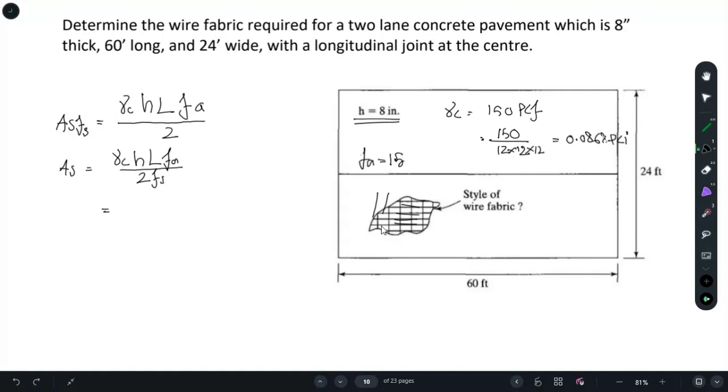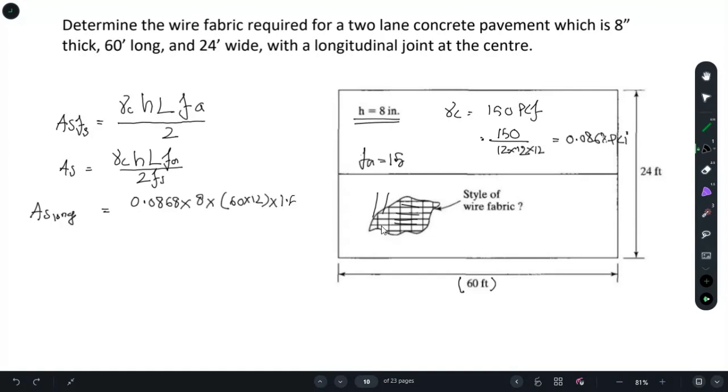Well, now we know everything. If we want to find out the longitudinal reinforcement, we will use the longitudinal dimension, which is 60. We'll convert it in terms of inches. So in this math, gamma C is 0.0868, H is 8 inches, L is 60, but I have to be consistent regarding units, so I'll make it in terms of inches.